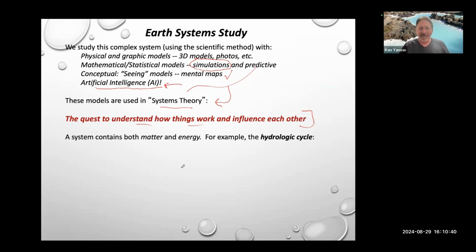So, a system itself is going to contain both matter and energy. Let's take a look at something called the hydrologic cycle. So in the hydrologic cycle, we might have the sun in the picture. So we have our solar energy, and our solar energy is emanating from the sun. It goes to the Earth's atmosphere in the form of what's called insolation or incoming solar radiation.